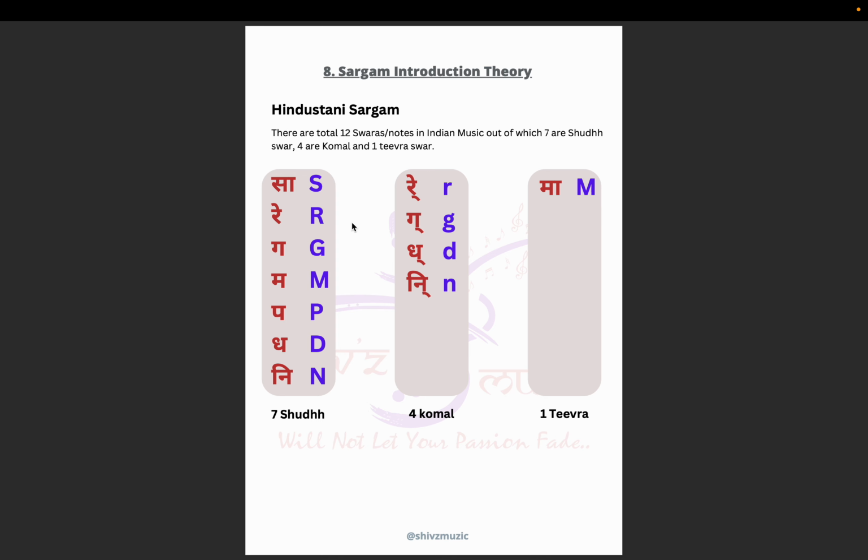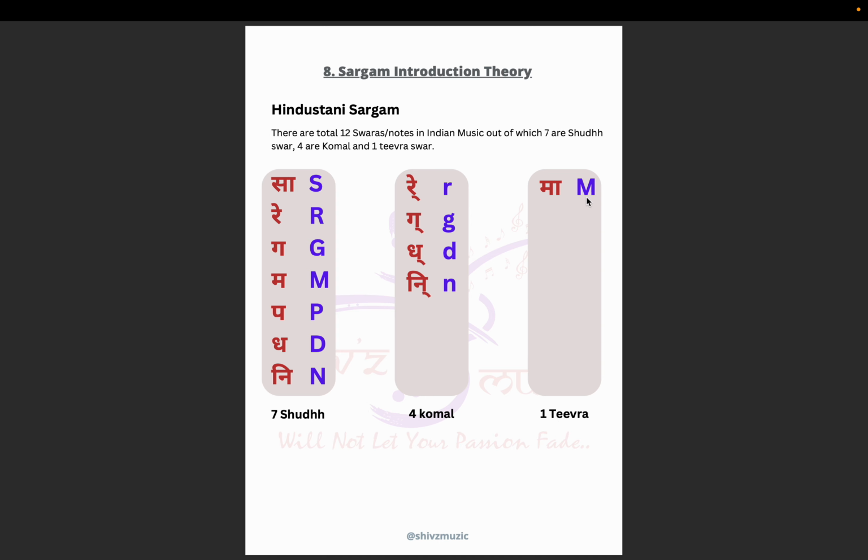Which are these 7 Shuddha swaras? Sa, Re, Ga, Ma, Pa, Dha, Ni. Then which are the 4 Komal notes? Re, Ga, Dha, Ni. Then one Tivra note is also there, which is only for the Ma swara.